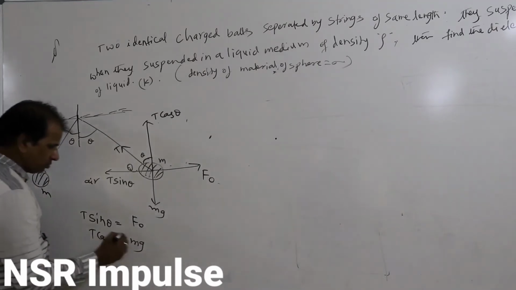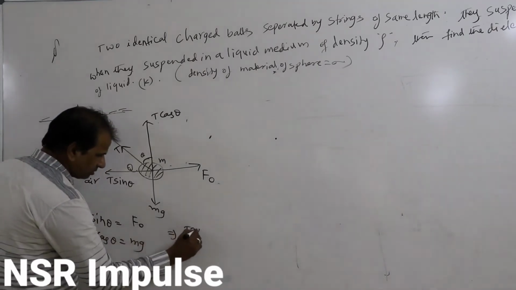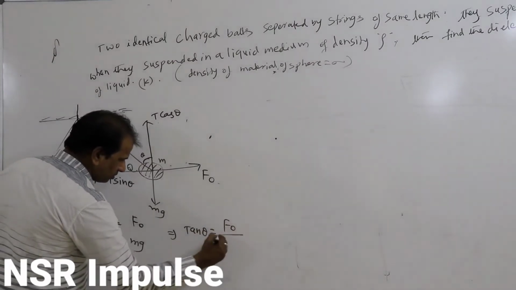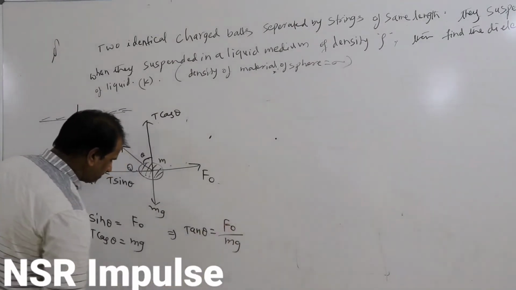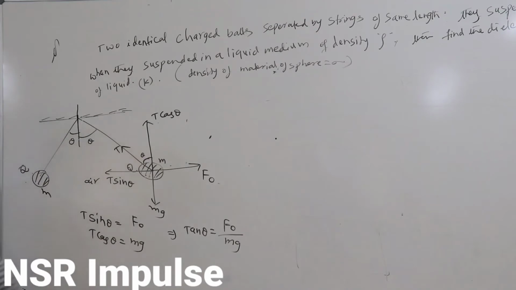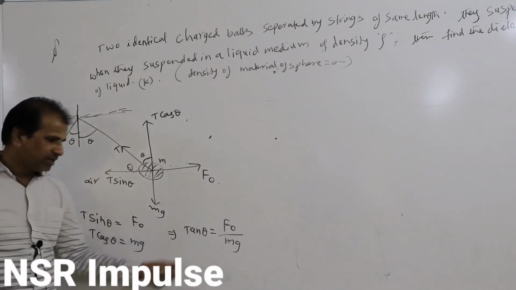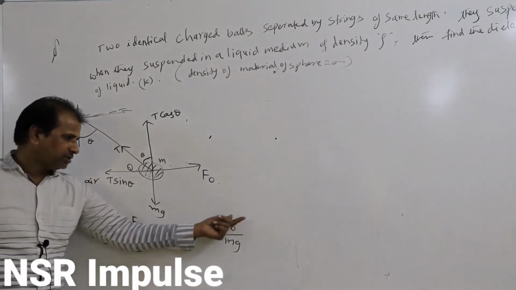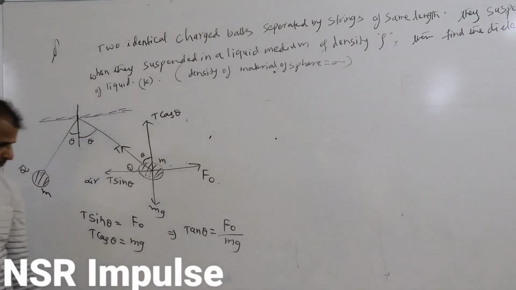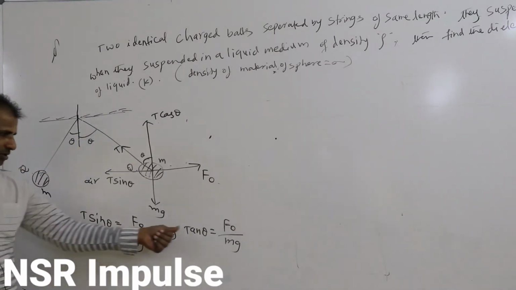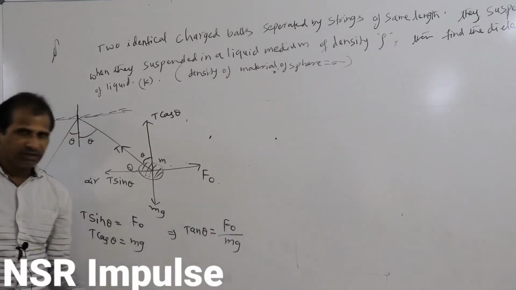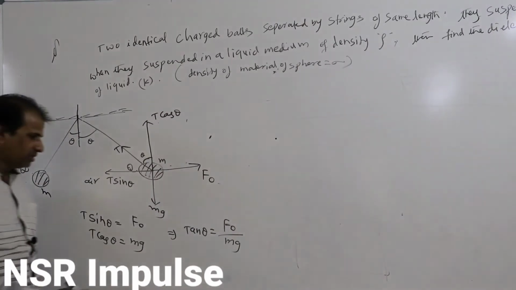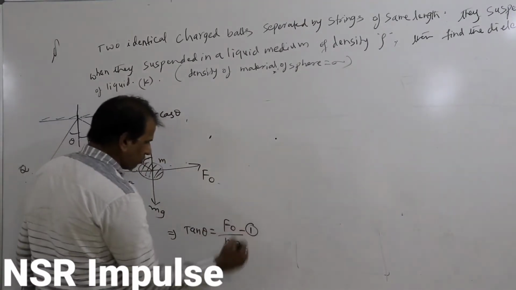Divide these two. T sin theta by T cos theta is nothing but tan theta. You will get tan theta is equal to F0 by mg. This is equation number 1.